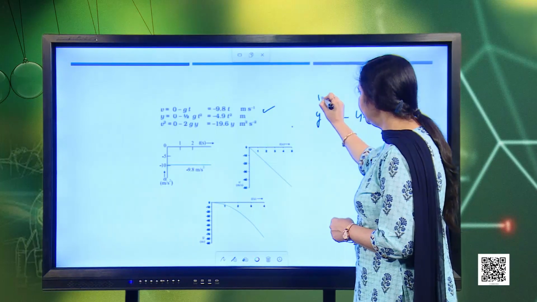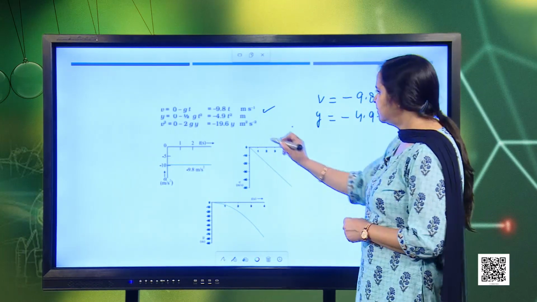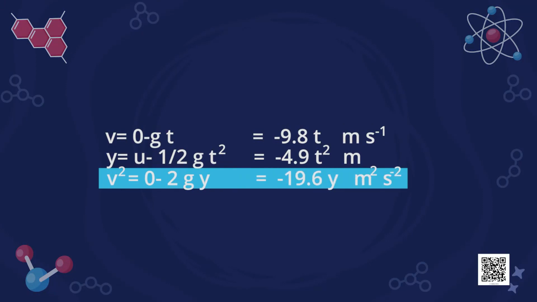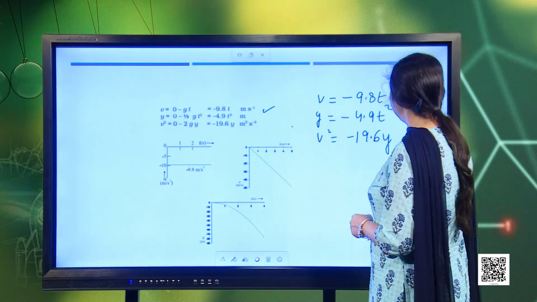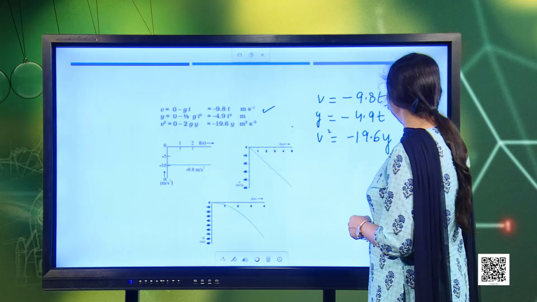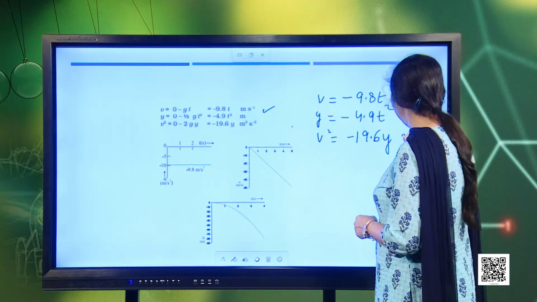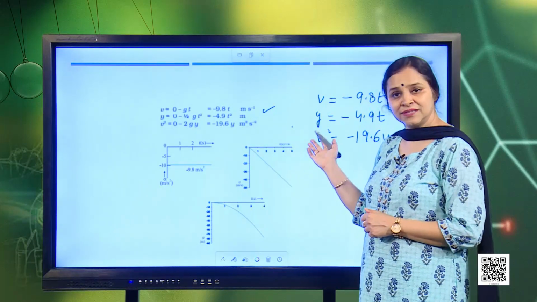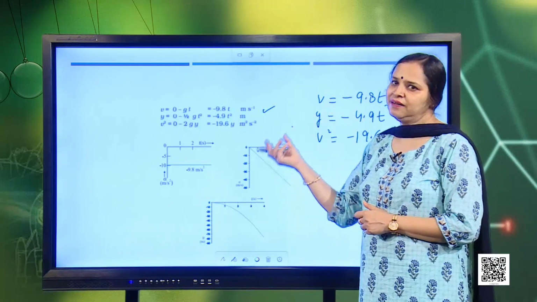The first equation is v is equal to minus 9.8t, and the third equation becomes v square is equal to minus 19.6y. Along with the units, v can be in meter per second, y can be in meters because this is the equation for displacement, and v square has to be meter square per second square. It is velocity squared, right? Now, these are the three equations of motion for an object under free fall.